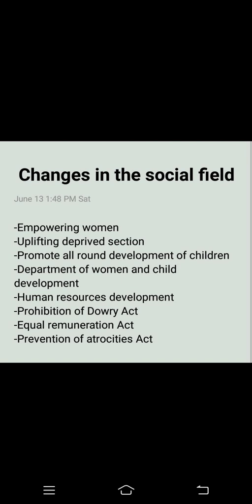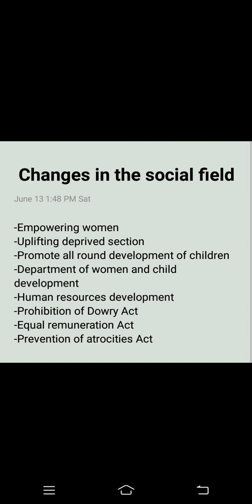Next one is the Prevention of Atrocities Act. It means that whatever rules the government is making to develop the society should not be exploited. So if anybody tries to do that, for example, if a company tries to give more salary to a male and less salary to a female, it is a bad thing for the country, right?